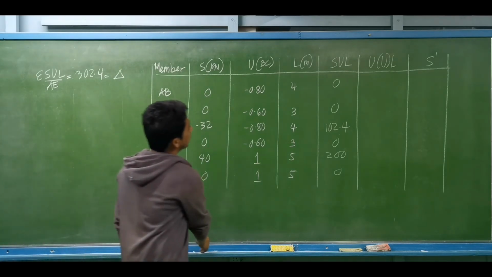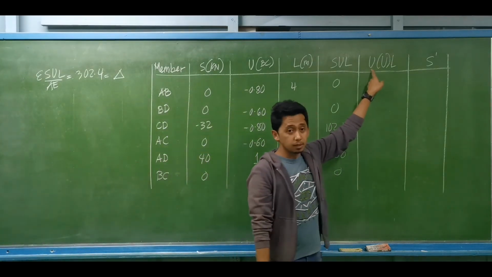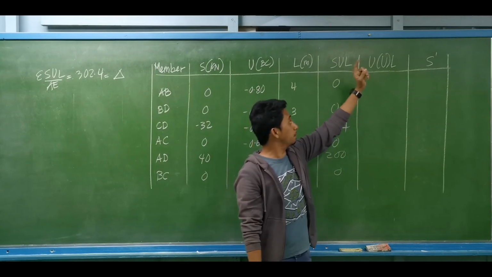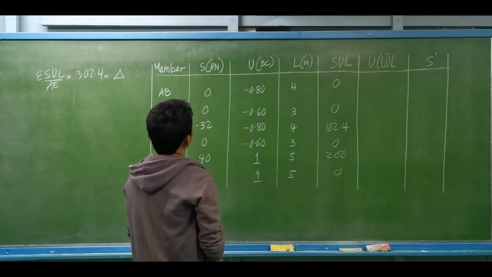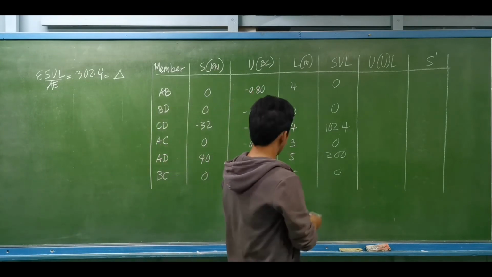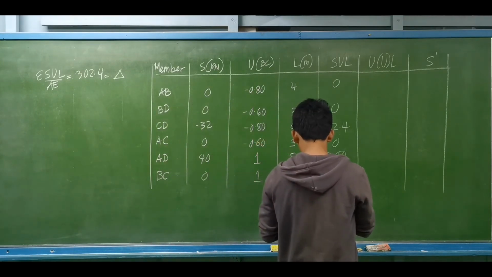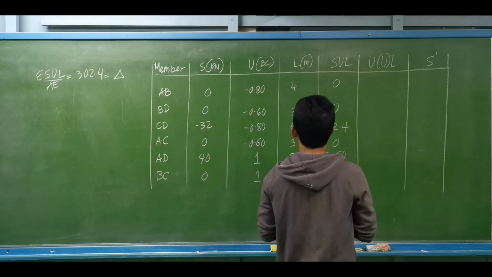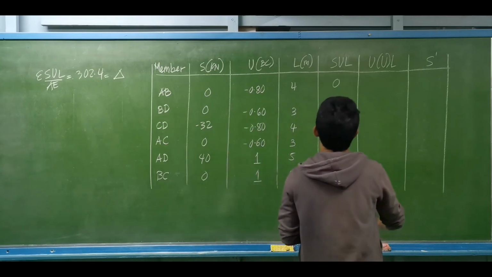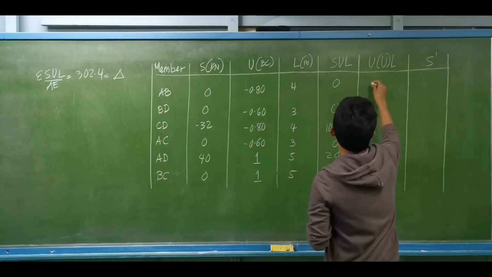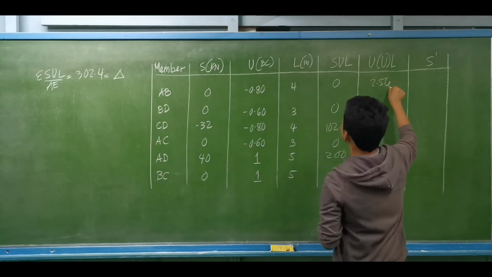Then we have the axial force due to unit load multiplied by the axial force due to unit load times the length. So we have negative 0.8 squared times 4, which is equal to 2.56.